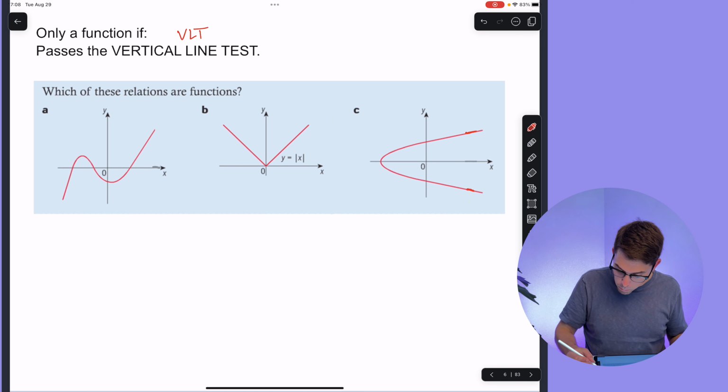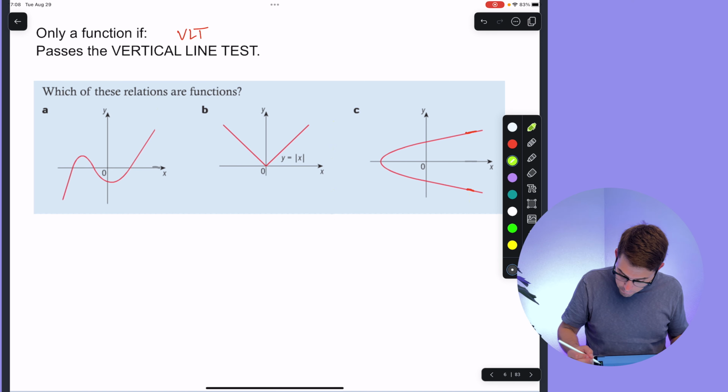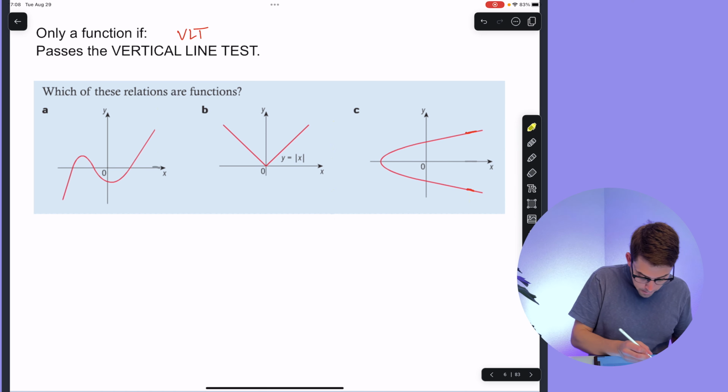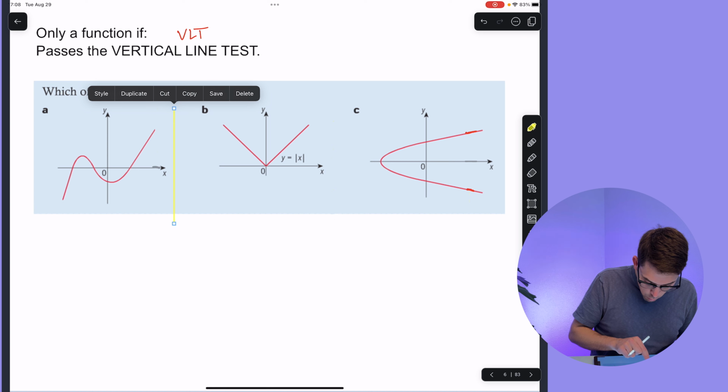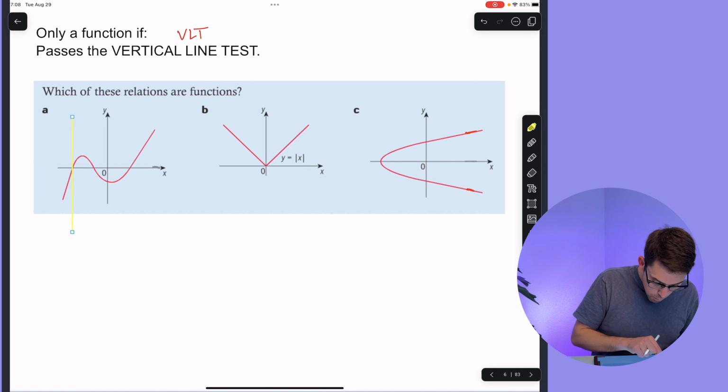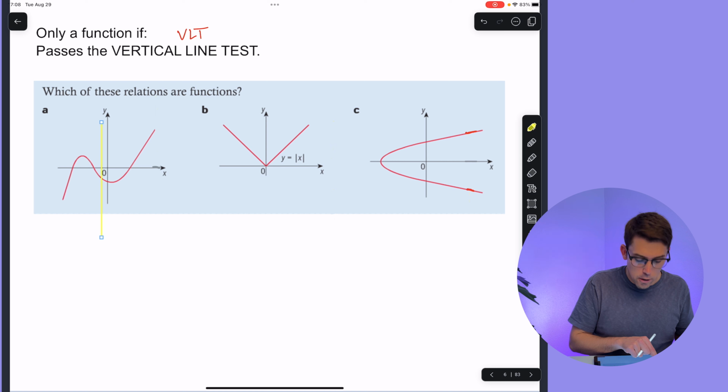What that means is you quite literally take a vertical line. I'll choose yellow. Let me put a vertical line here. And what you're going to do is drag this across the graph. And what you'll notice is that no matter where I drag this yellow line, it's going to intersect with the red curve at only one point.